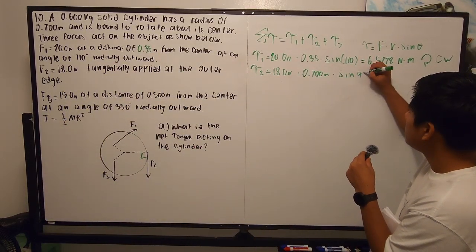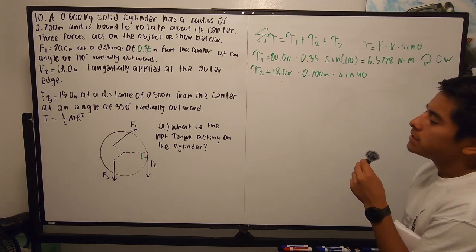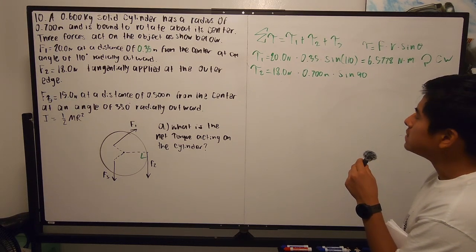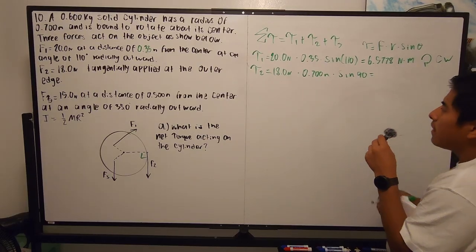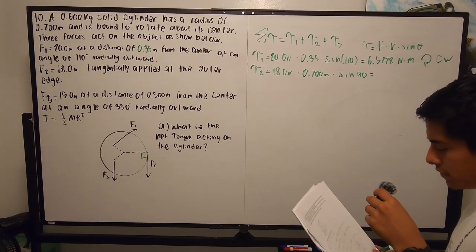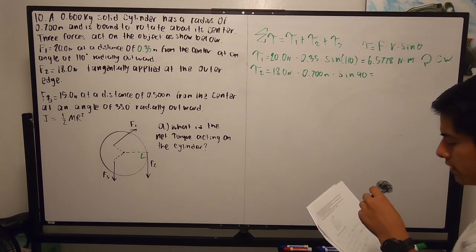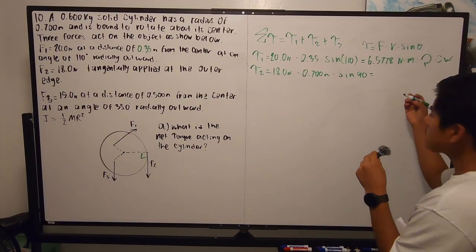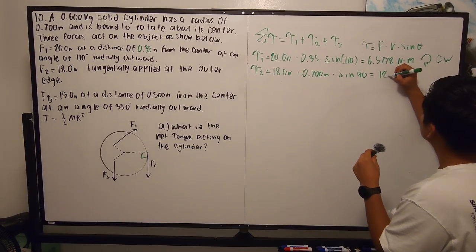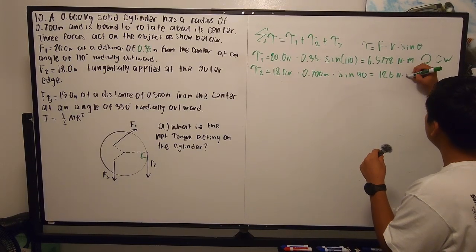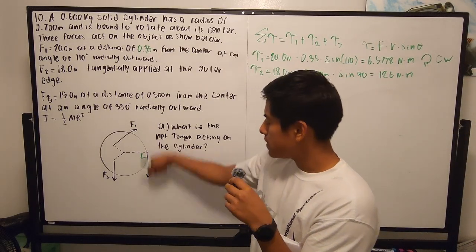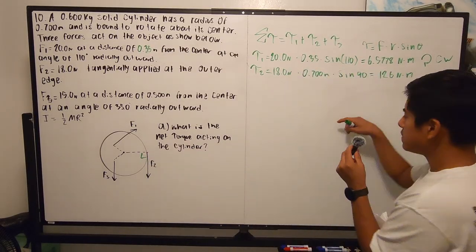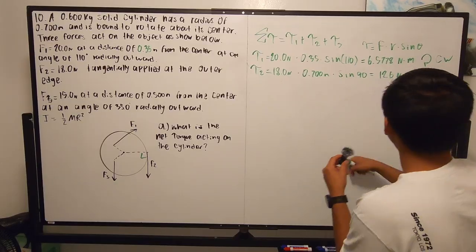The sine of 90 degrees is just 1. This is going to then be equal to 12.6 Newton meters. And if you can see right here, if we were to apply force down like that, it's going to make this cylinder move like this, so clockwise, again.